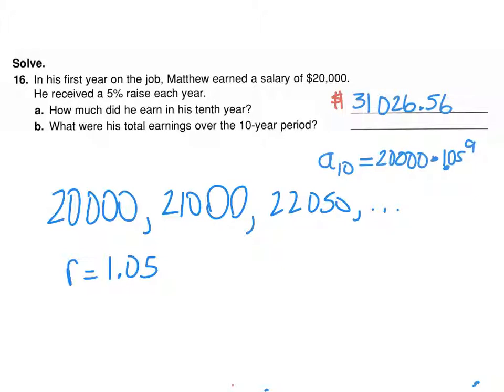There it is. Okay. Now, what were his total earnings over a 10-year period? For that, we need to compute S sub 10 because we want to know the sum of the terms from A1 to A10.